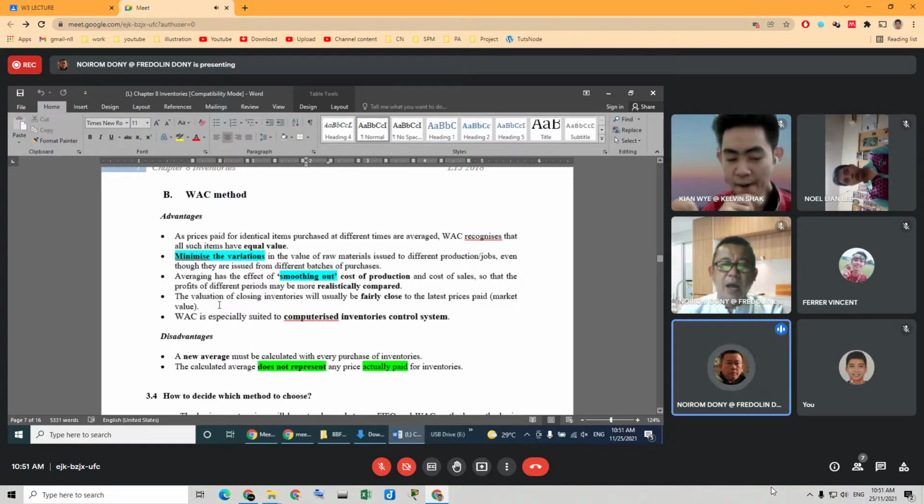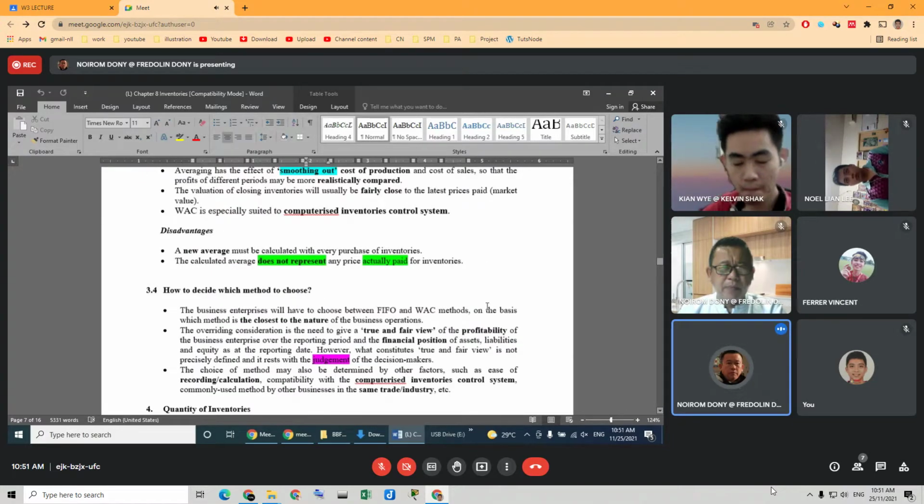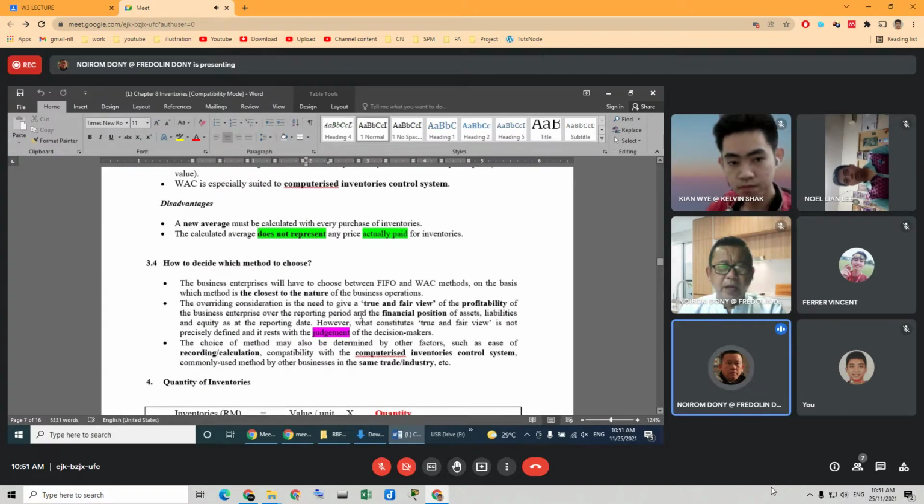So how do you decide which one to use? It depends on the company. They have to look at the policy. The business will have to choose between first in, first out and weighted average on the basis of which one is the closest to the nature of the business. If they are dealing with expiry items, they probably need to use first in, first out.